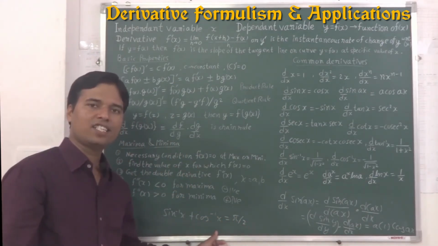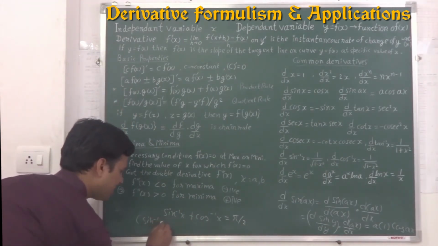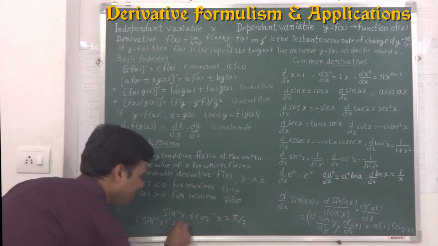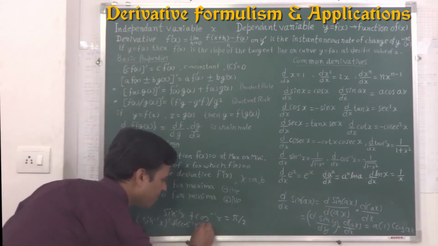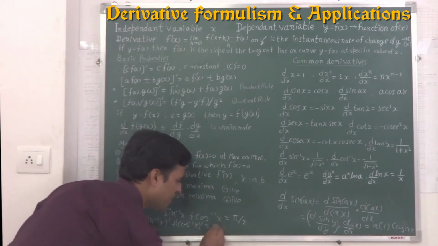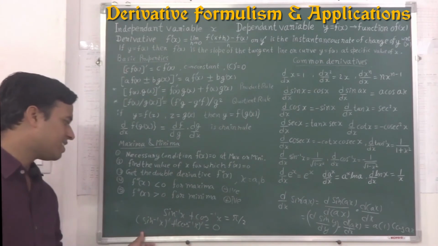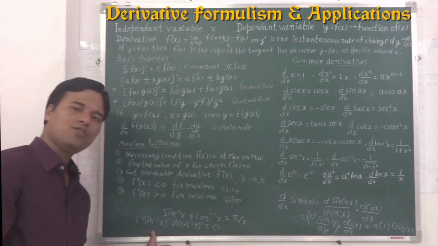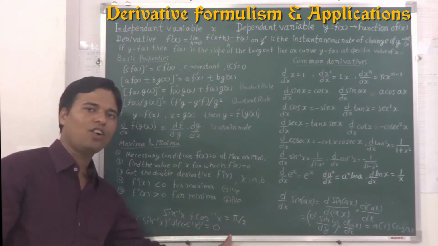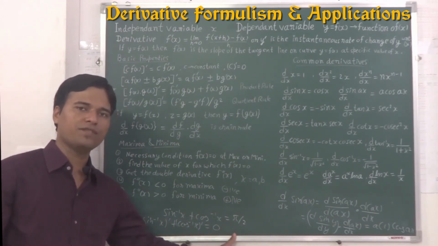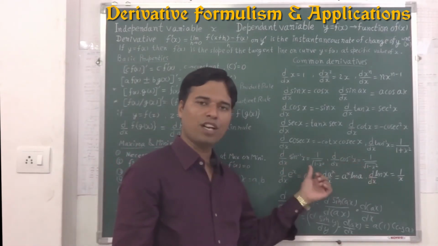If you take its first derivative, then the first derivative of sin inverse x plus the first derivative of cos inverse x is equal to 0, because pi by 2 is a constant quantity. In that condition, the first derivative of sin inverse x is equal to the negative of the first derivative of cos inverse x. That condition is fulfilled in these formulas.